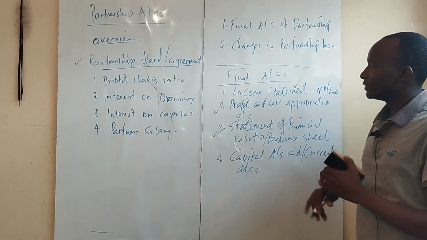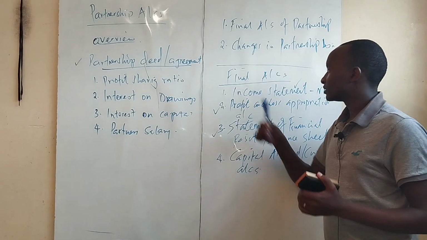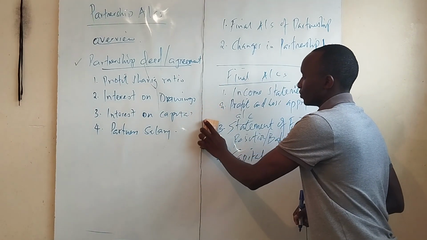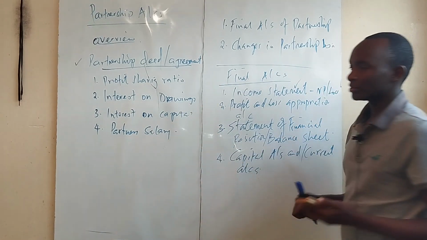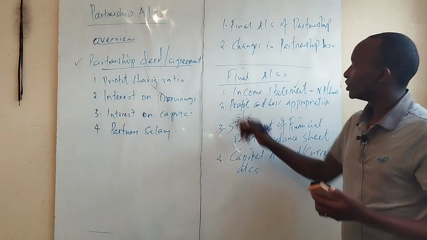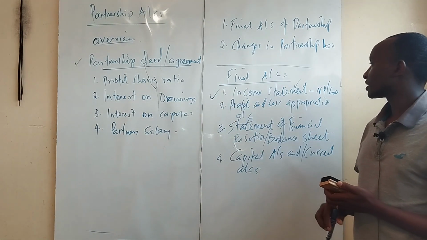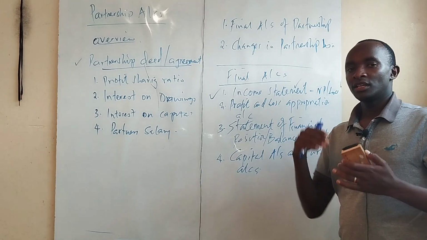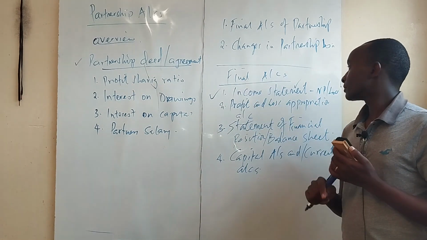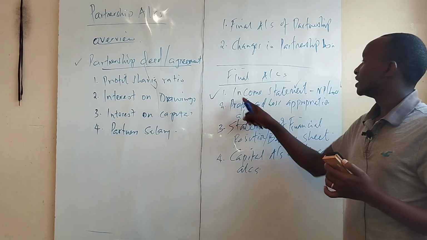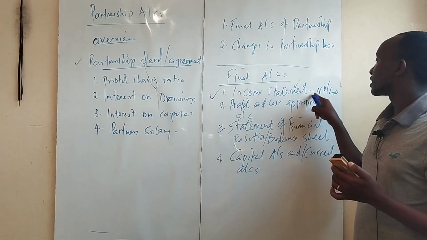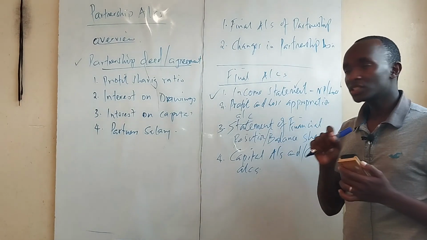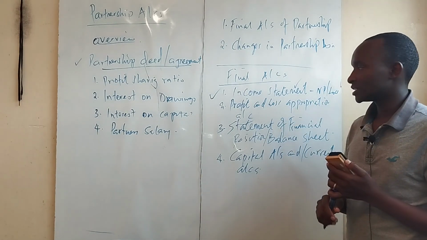So maybe quickly I will explain this one by one. But from what you've understood from the books of the sole trader, we already looked at the income statement and how to prepare it. I also gave you the format of the income statement, where we said the income statement is an account prepared to arrive at either the net profit or the net loss in the organization.